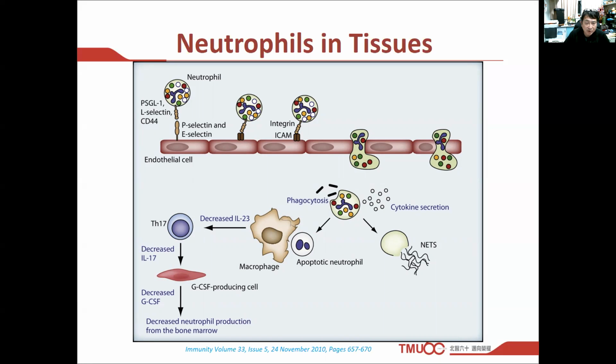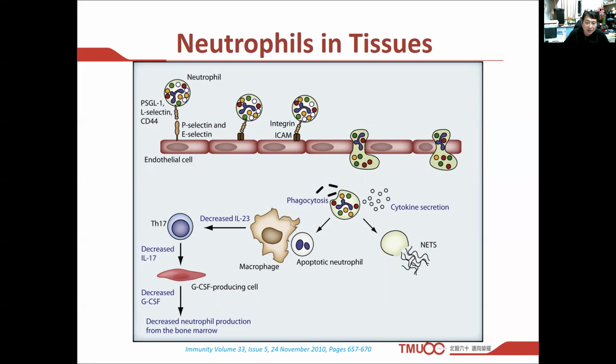They will recognize P-selectin and E-selectin, mediating slow rolling, and PSGL1 and L-selectin are for tethering. PSGL1 will bind to the E-selectin. L-selectin mediates leukocyte rolling, and later on beta-2 integrin will bind to ICAM, and it will facilitate eventually crossing over into the tissue.